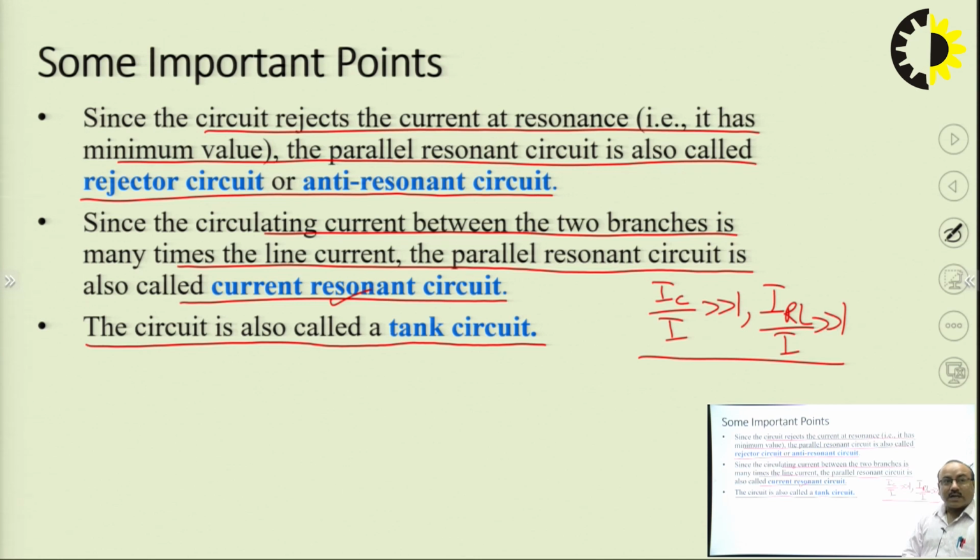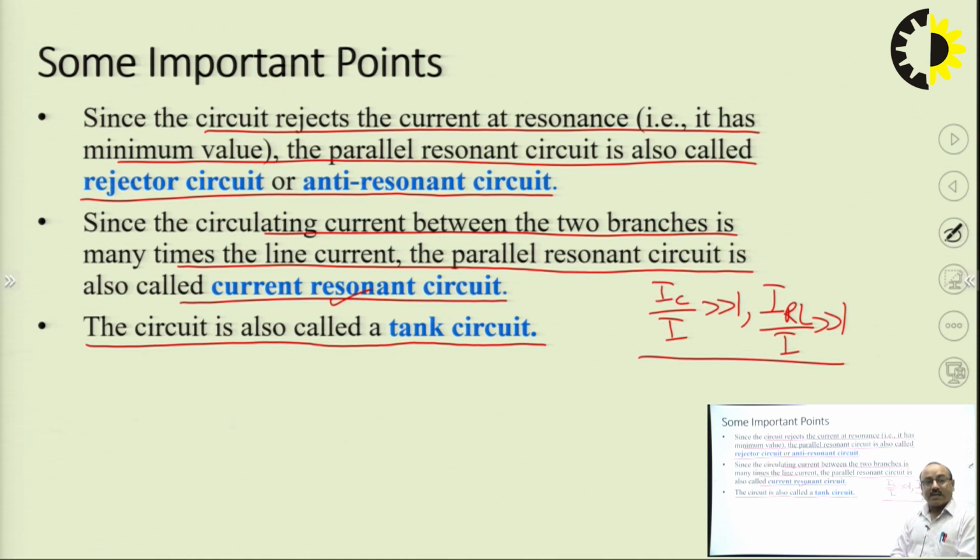It rejects all the other currents. That is why it is known as a rejector circuit, or also we call it an anti-resonant circuit. The series resonant circuit is also known as a voltage resonant circuit, while the parallel resonant circuit is known as a current resonant circuit, since in series resonance voltage amplification takes place, while in parallel resonance current amplification takes place.